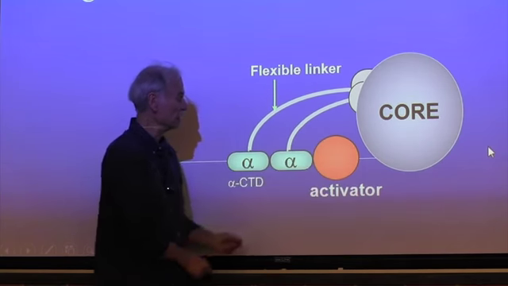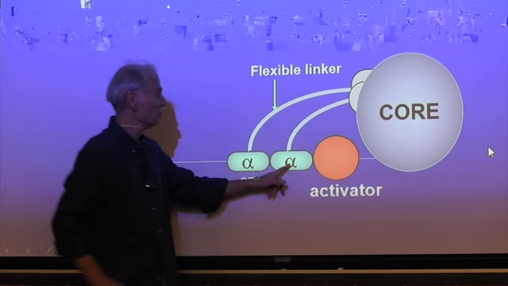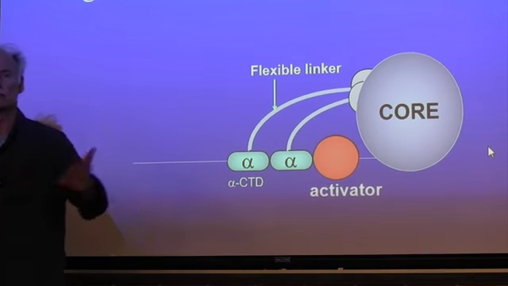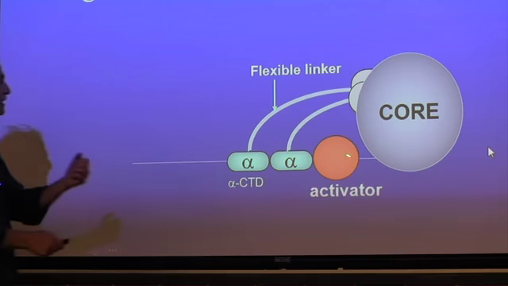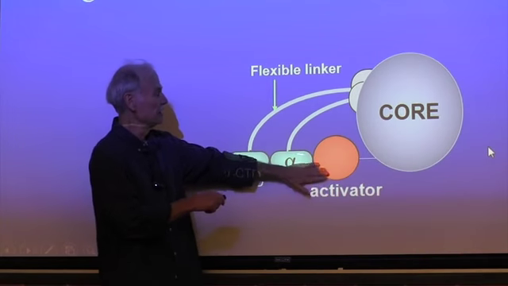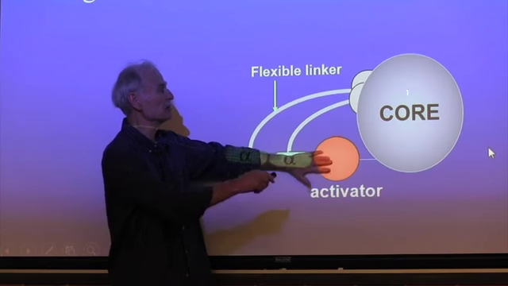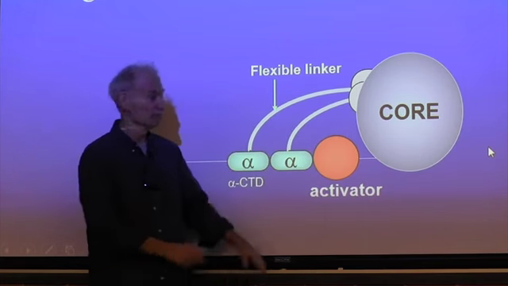Mostly they activate, and they activate by making protein-protein contact with the CTD of alpha. What would you expect that to do in terms of promoter strength? Would it increase it or decrease it? Increase, right? It's another point of contact, another sticky contact that's going to make sure that the polymerase doesn't float free. It's a very simple mechanism.